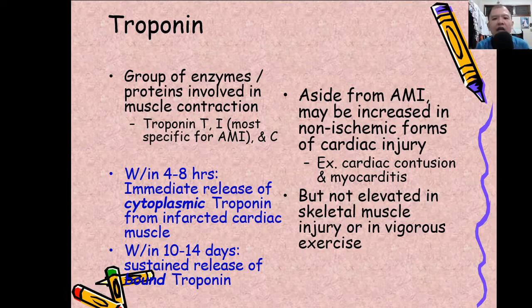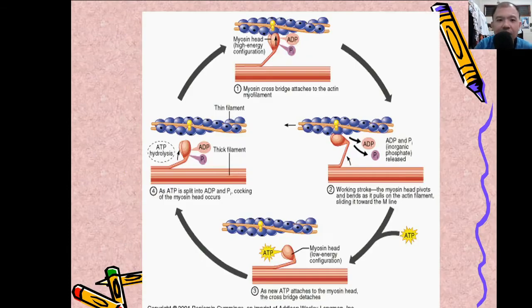However, in rare instances, aside from acute myocardial infarction, troponin levels may increase when you have cardiac contusion and myocarditis. But it is definitely not elevated in skeletal muscle injury or in vigorous exercise.